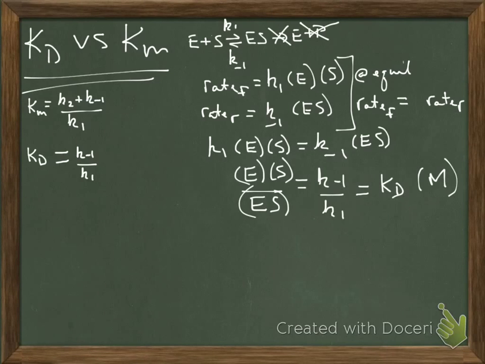So we probably could even derive a relationship between Km and Kd if we wanted to, by going up and substituting into here, right? So we could say that Km is equal to K2 over K1 plus Kd. So when you look at Km and you ask, is Km equal to Kd, the answer is, well, it depends.